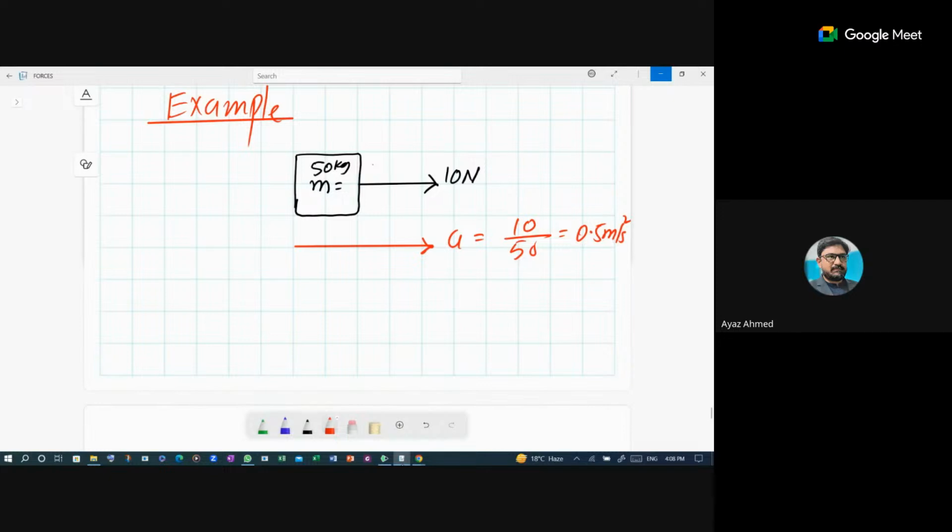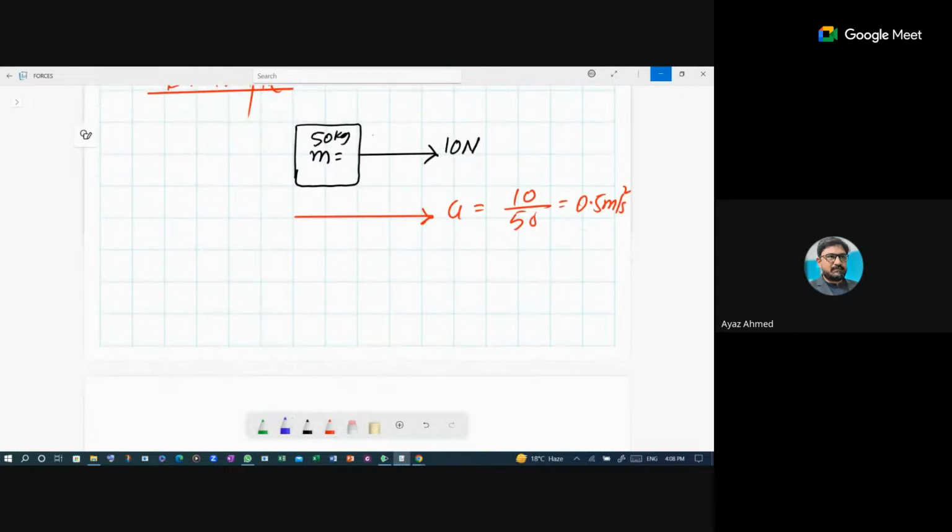Is it? Yes. But now, if I apply a force of, let's say, 20 newton on this block, then acceleration would be 20 by 50. 20 by 50 is equal to... oh, sorry.